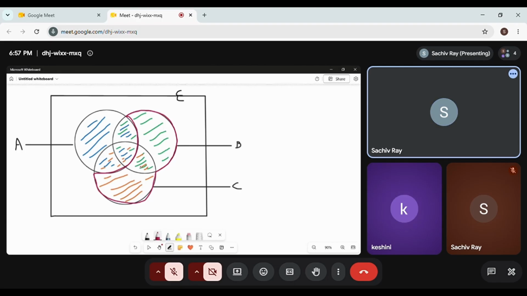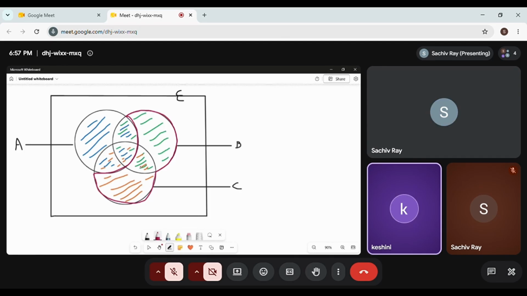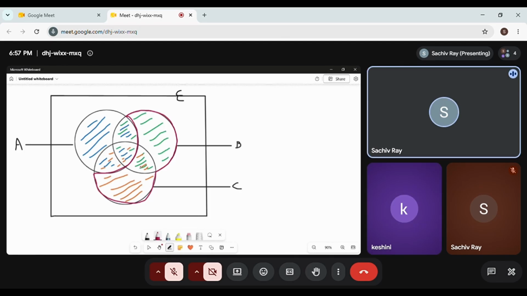Yes, that part is B intersect C. Are you clear with that? Yes. So now this outer part has also been colored. We are looking at this entire set without this part, without the A part.